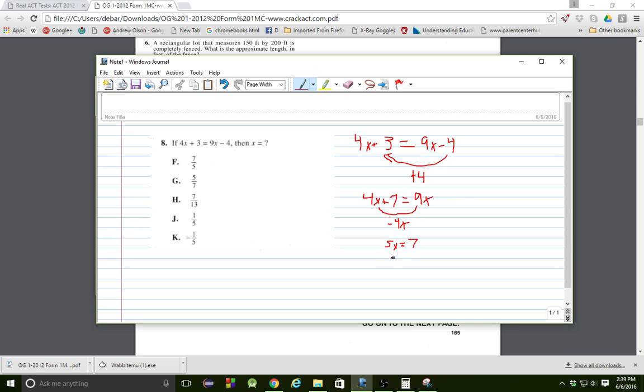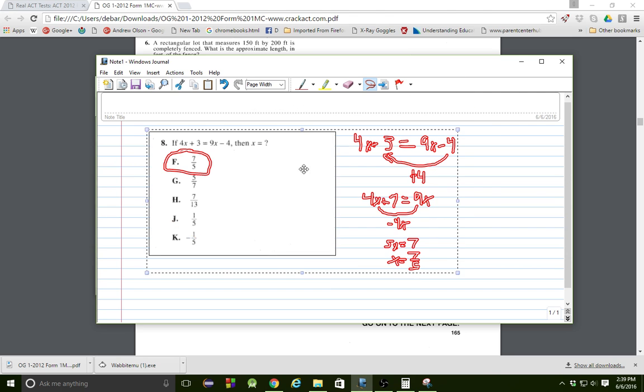And then we solve for x. X equals 7 over 5. Voila. F, 7 over 5. Done. That's how simple it is.